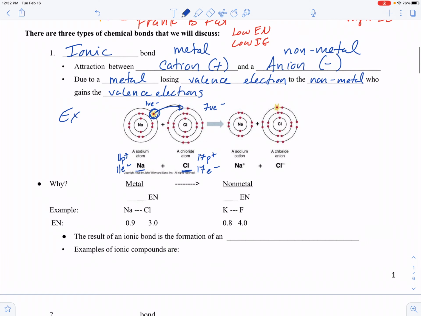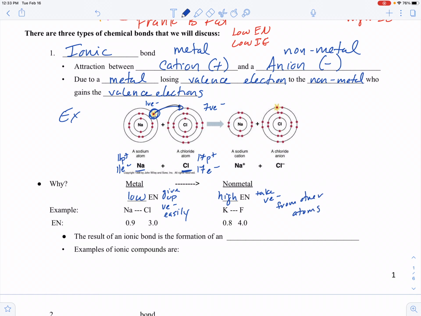When we think about electronegativity too, metals tend to have a low electronegativity, meaning that it'll give up valence electrons easily, whereas nonmetals have a very high electronegativity, meaning that they're so attracted to electrons that they're more likely to take valence electrons from other atoms.